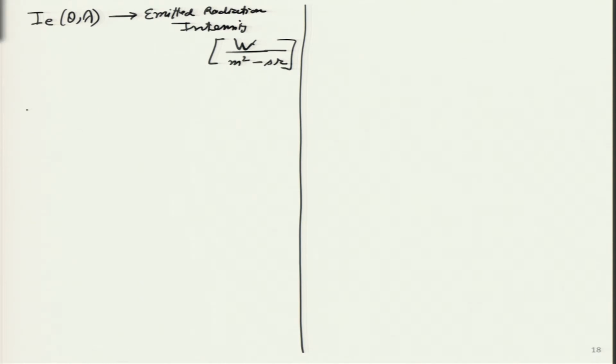Okay. Now, I am going to define another parameter which is known as the emissive power. I will give a hint: we have already looked at it in the Stefan-Boltzmann law, where we put a subscript B over there.